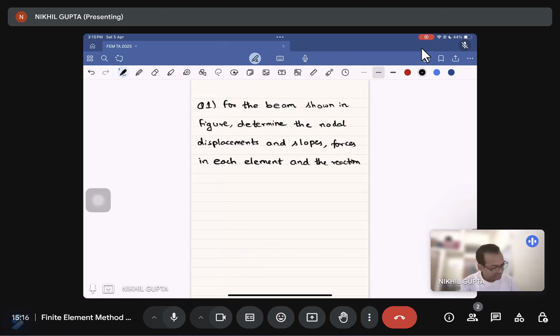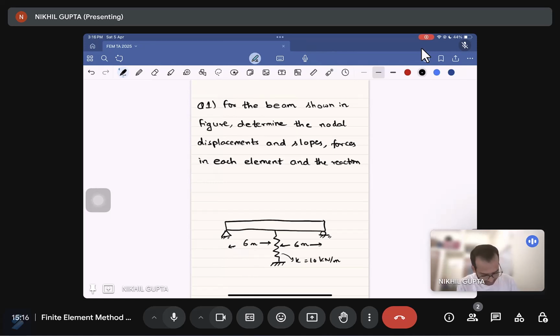So the beam which is given is like this. This is your beam. One side is hinge, one side is roller, and a spring is also attached in the middle. So this is 6 meter, this is 6 meter, and spring K is given as 10 kilonewton per meter, and the loading which is given is like this.